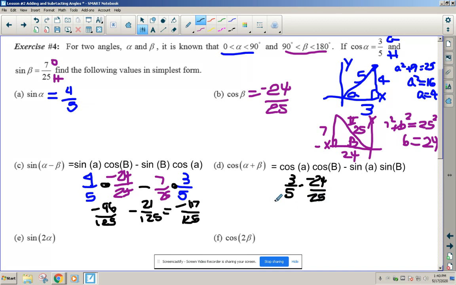So these two multiply together, and these two equal negative 72 over 125. Now from here, I'm going to subtract the product of these two. Sine of alpha is 4 over 5.